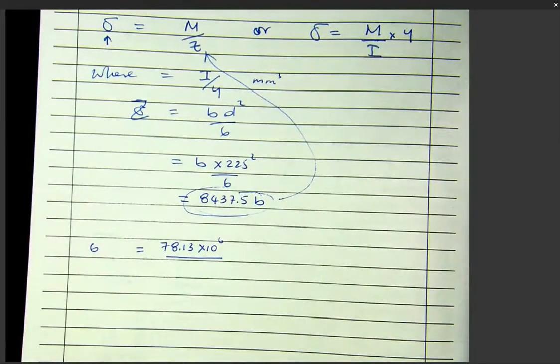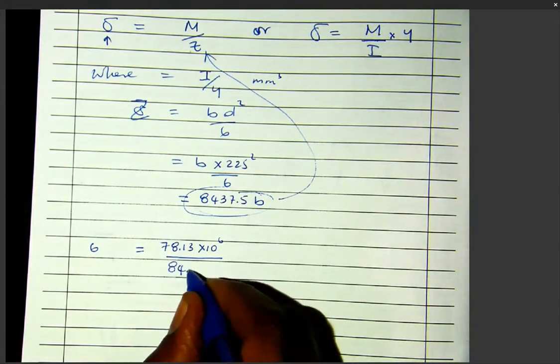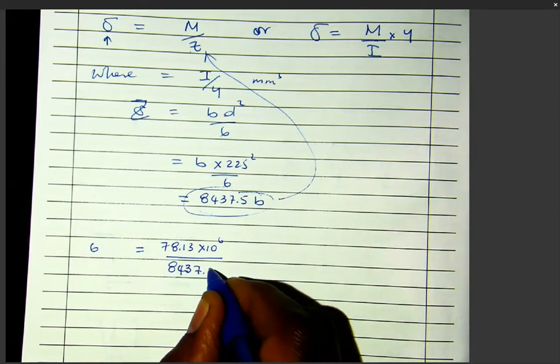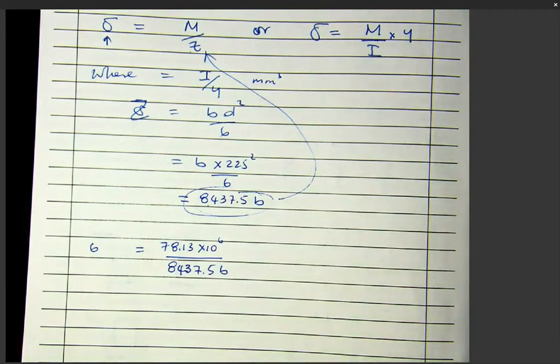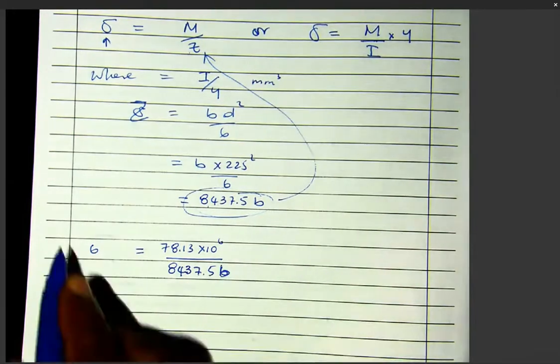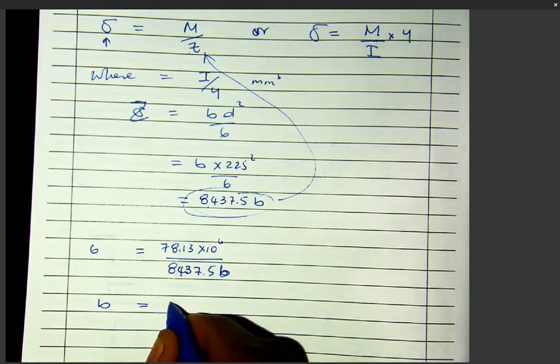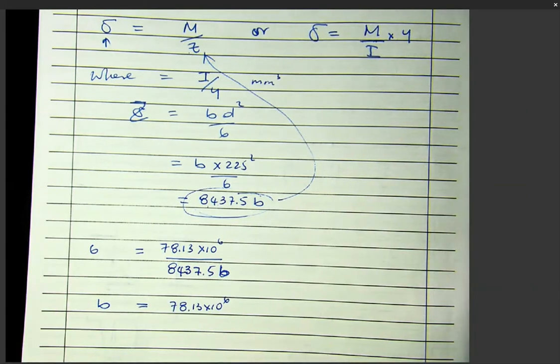Then I have here my Z, which is 8437.5 B. Okay, now what is B? Take B to that side, and then 6 will come there. So B is equal to 78.13 times 10 to the power 6 divided by 8437.5 times 6.